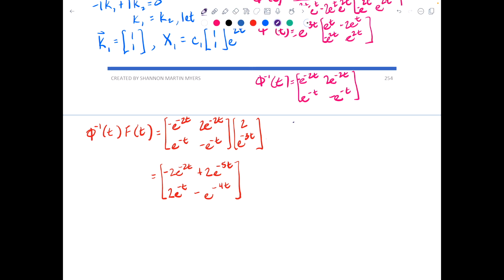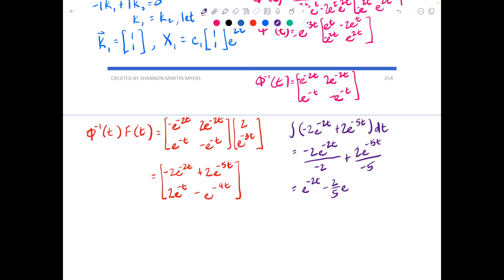So the integral of the first entry, we have negative 2e to the negative 2t plus 2e to the negative 5t. Integrating that with respect to t is just going to be negative 2e to the negative 2t divided by negative 2, and then plus 2e to the negative 5t divided by negative 5. That gives us e to the negative 2t minus 2/5 e to the negative 5t.